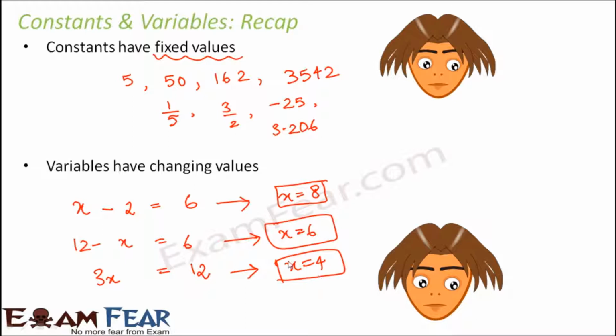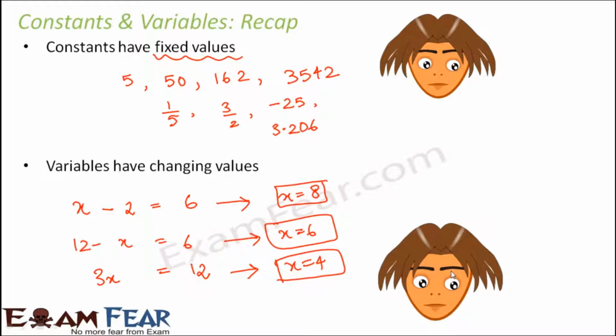You see that the same variable x is taking different values, 8, 6 and 4, in different equations. The same way this girl was taking different hairstyles in different parties. In a fun party it was different, in school it was different, in a family party it was different. Similarly, the value that x is acquiring is different depending upon the situation. So x is a variable.